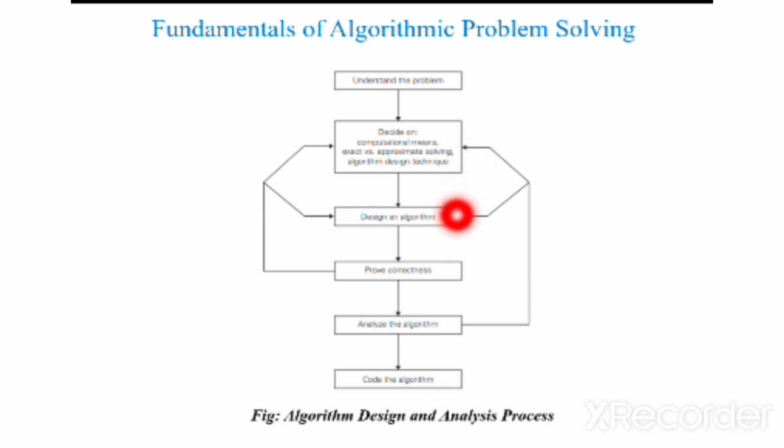The third one is design an algorithm. Fourth one is prove the correctness. Fifth one is analyze the algorithm. The last one is code the algorithm. So we'll get to know about each and every step in detail in the upcoming video.